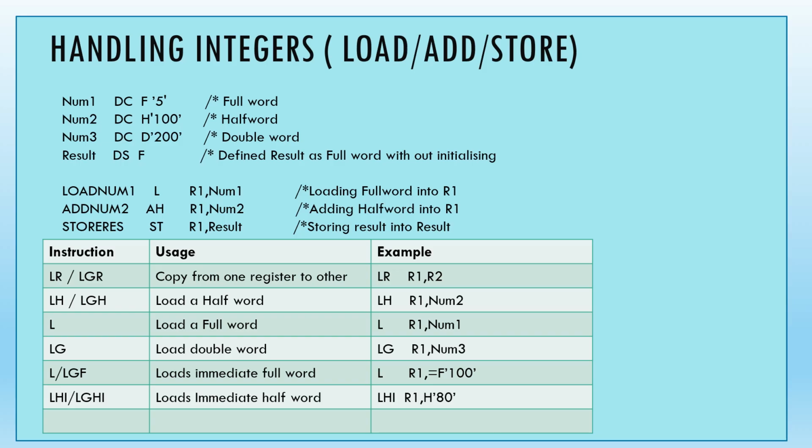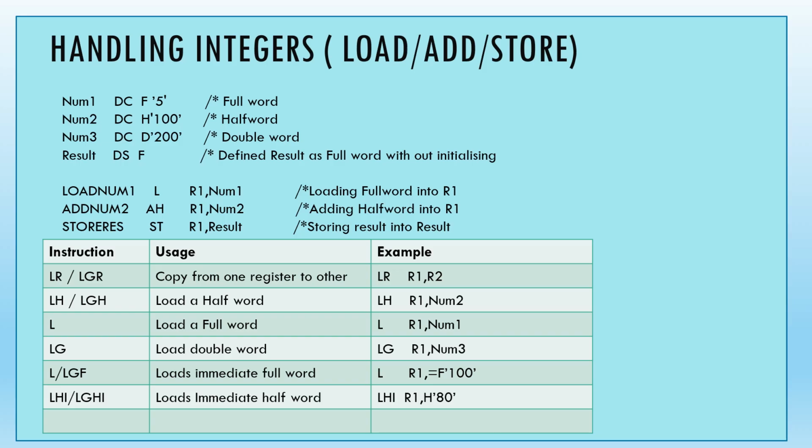Please remember, memory gets allocated. It is not very different from R1 comma num1, where num1 is a variable which we define, assigning an address to it and initializing a value. Here we are not using num1, but we are saying R1 comma =F'100'. That means it is a literal; the value is 100, but storage gets allocated somewhere in the system at the time of compilation, and the value is taken from there and loaded into R1.